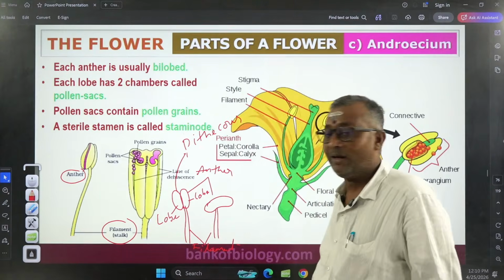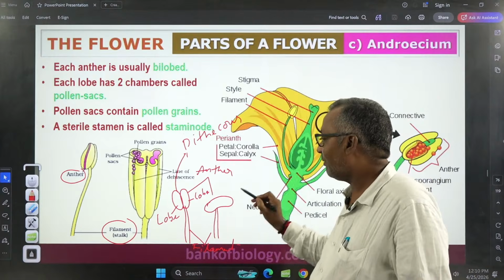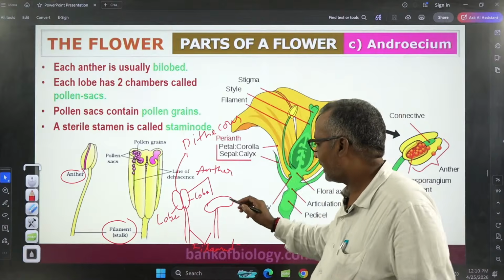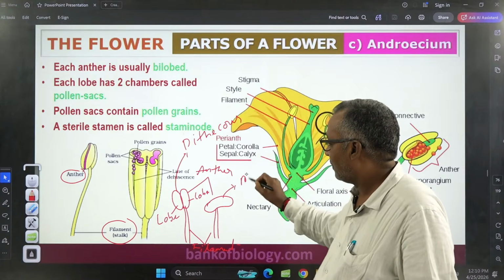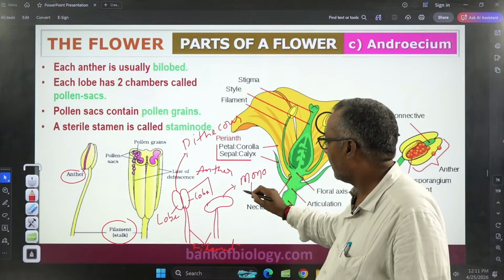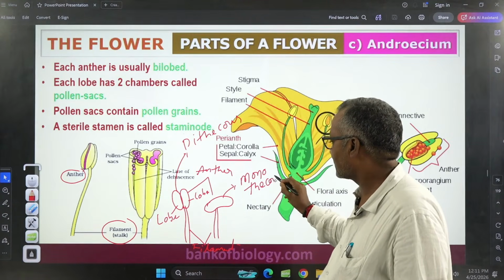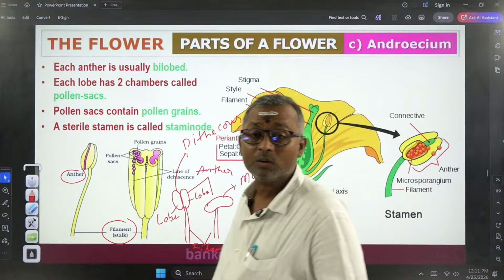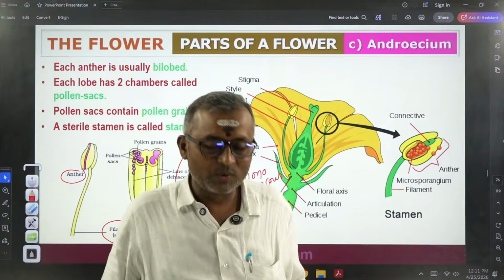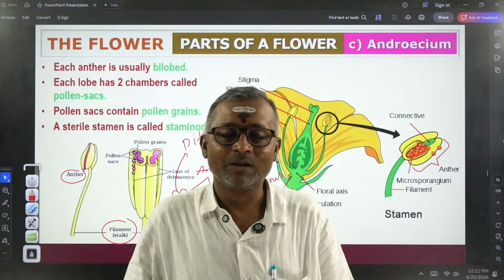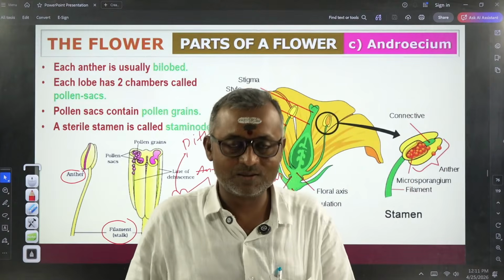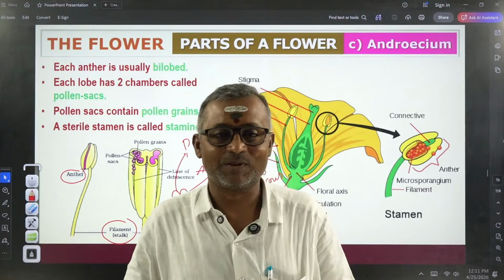Now look at this diagram. I have given the diagram where this anther has only one lobe. If only one lobe is present, then it is called monothecous. Understood? Most of the students get confused here by thinking that dithecous anthers are present in dicots and monothecous anthers are present in monocots.